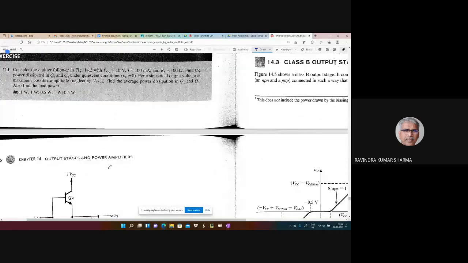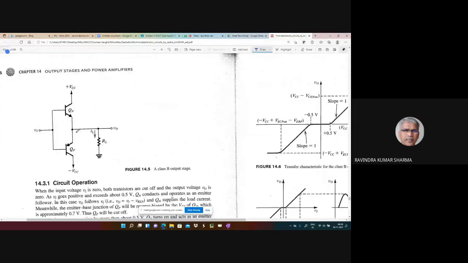In class B amplifier, this is a basic class B configuration given in figure 14.5, right? It comprises of two transistors, one NPN and one PNP. So here, if you give this signal, what will happen? For the positive part, NPN will act as the emitter follower, right?